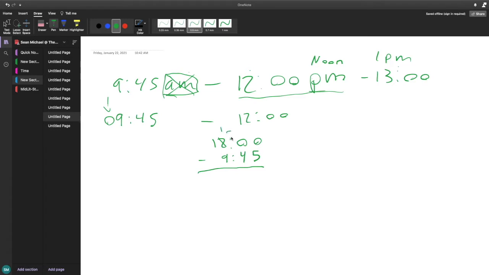Now when we go across these colons, this means you're changing units. Remember, listen carefully. When you cross these two dots, you are changing units. Over here, hours, over here, minutes. When you bring 1 hour over, it's going to give you 60 minutes.